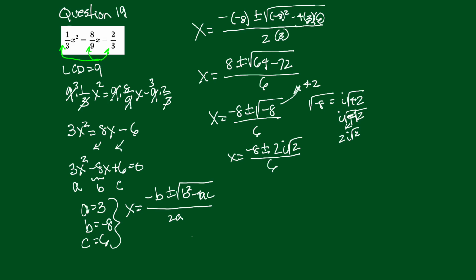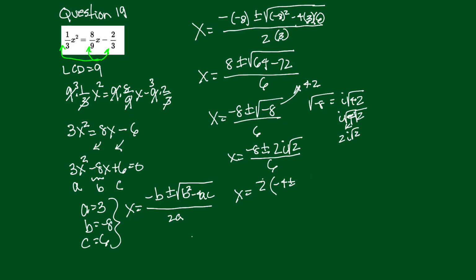Now, I can reduce. In the numerator, in this top, I've got an 8 and a 2. 2's in common. So I'm going to factor that out. So what have I got? Got negative 4 plus or minus. Now, there was a 2, but we removed it. So it's gone.